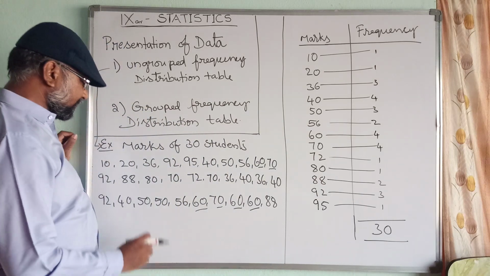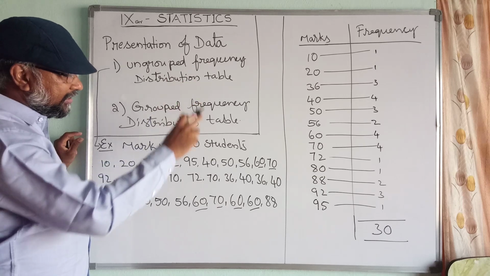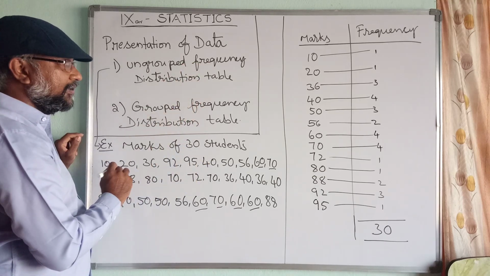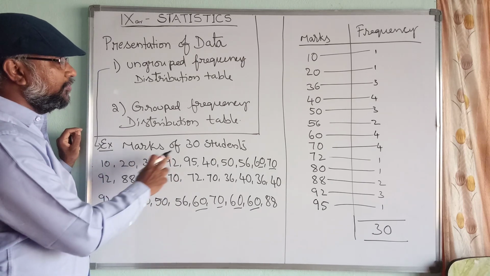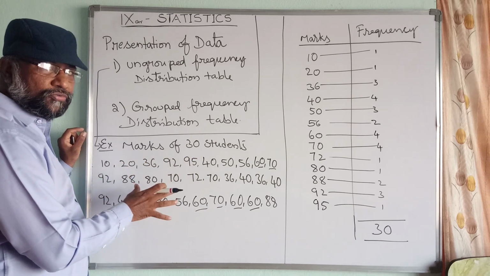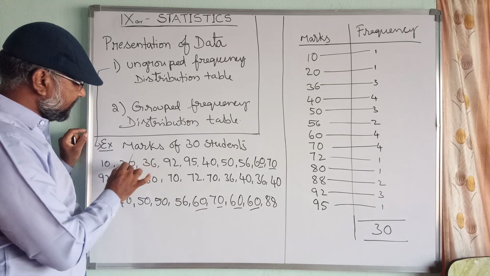So, likewise, first you can write down the marks: 10, one time. Now tally marks for 20. How many times does it occur? This is a simple way to calculate the frequency. You can just mark a line.